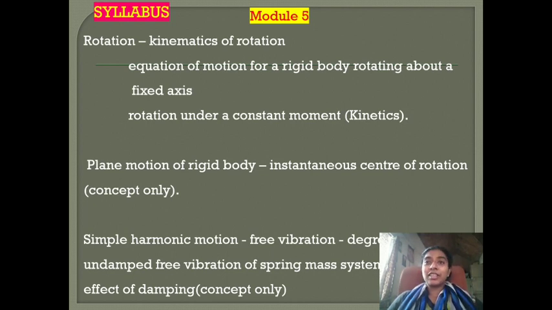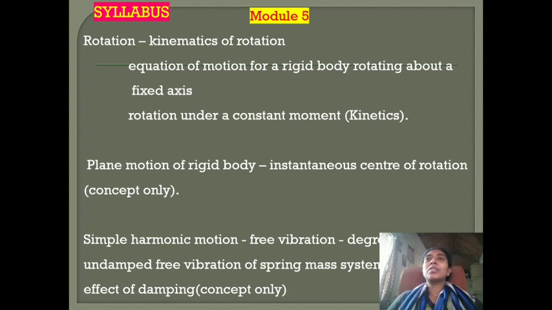And in general, we have rectilinear motion, curvilinear motion and rotation. Now in this fifth module, we are going to study about the rotation motion. And one step further, we will study about the vibration motion.